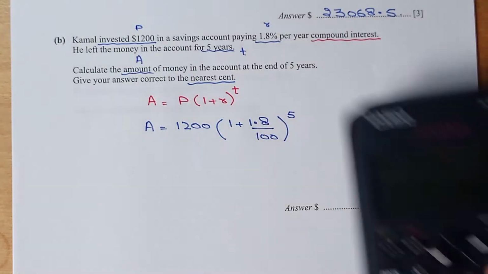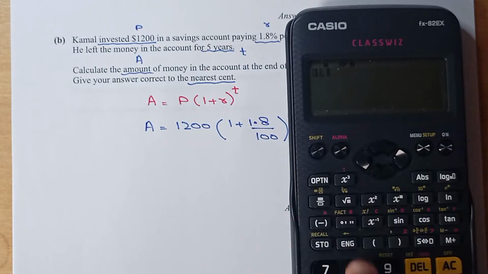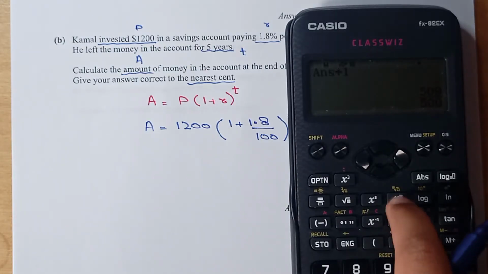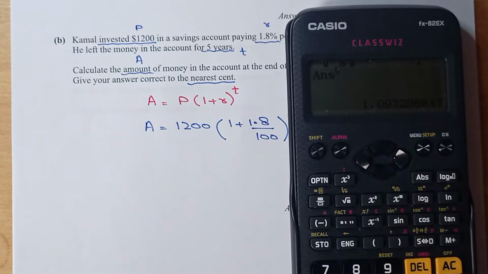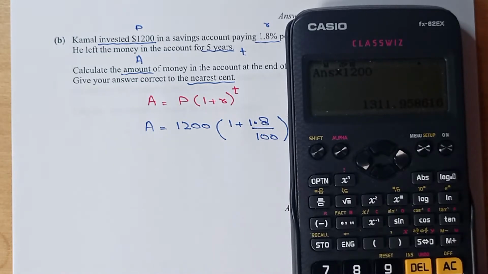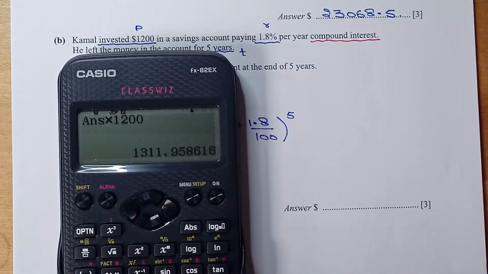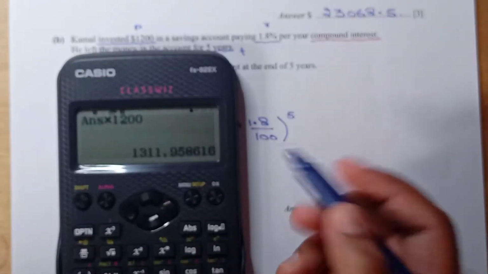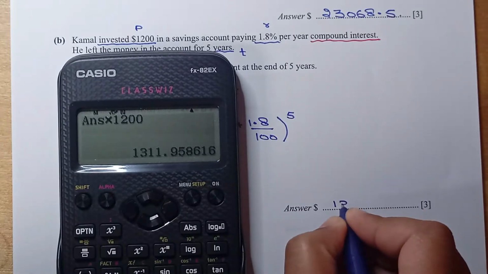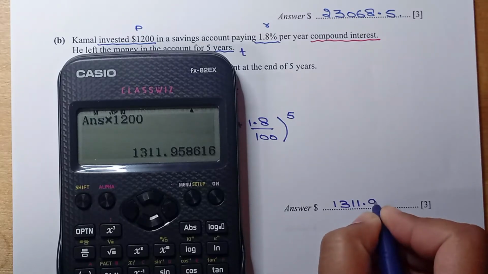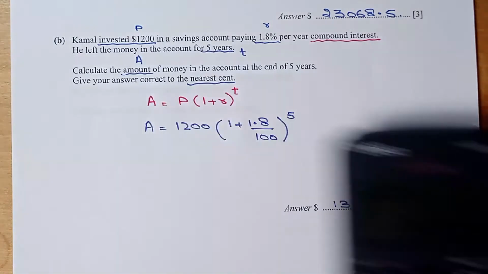Let me simplify: 1.8 divided by 100, add 1, exponent 5, and times 1,200. This is 1,311.958, and correct to the nearest cent, this is 1,311.96 dollars.